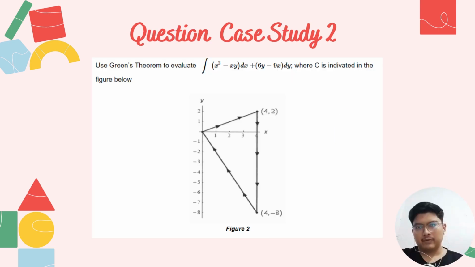For case study number 2, the question is: use Green's theorem to evaluate the integral of x to the power of 3 minus xy dx plus 6y minus 9x dy, where C is indicated in the figure below.